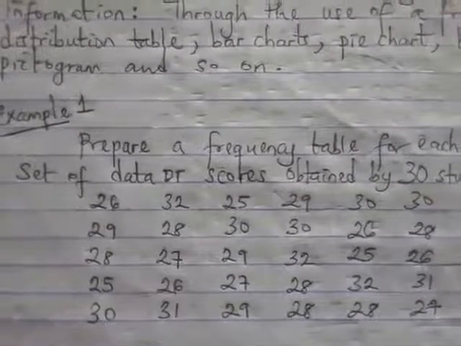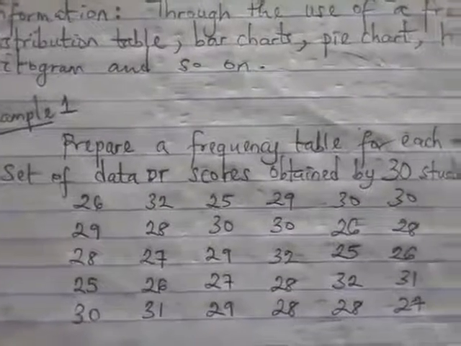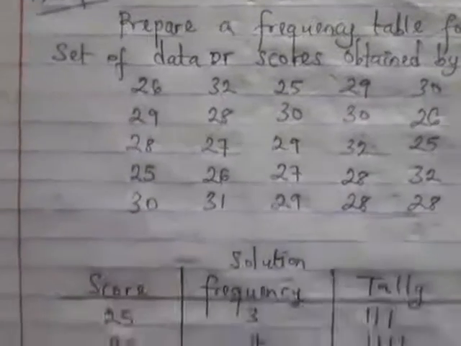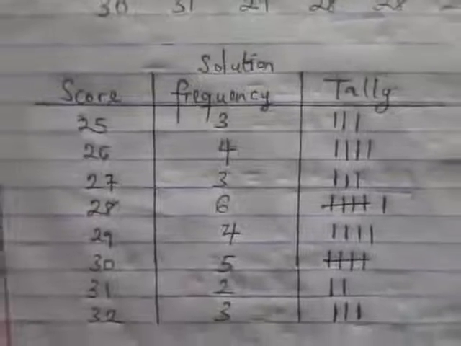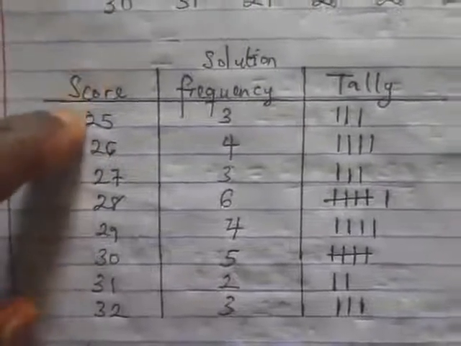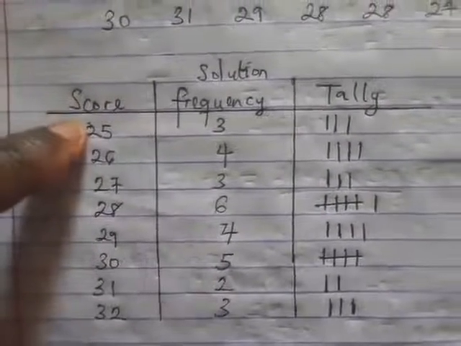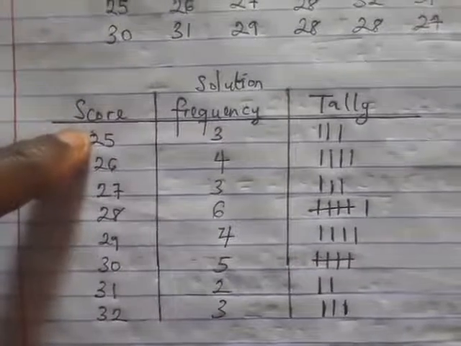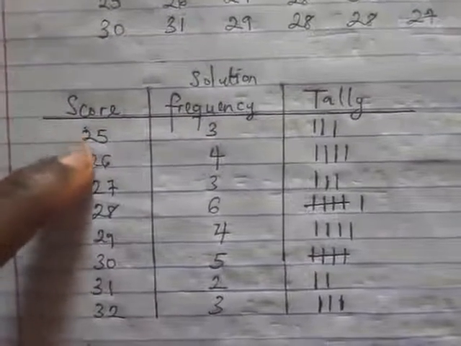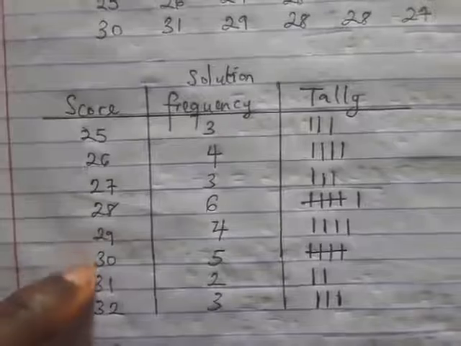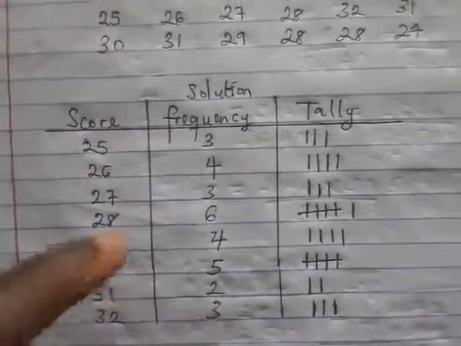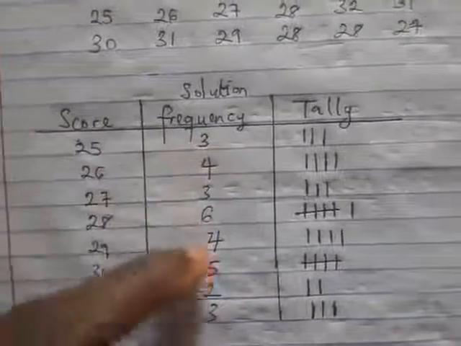That is the question. In order to prepare a frequency distribution table, you need to draw your table, starting with score. The scores, arranging it from the smallest to the biggest: 25, 26, 27, 28, 29, 30, 31, 32. Now, frequency. What is the meaning of frequency?